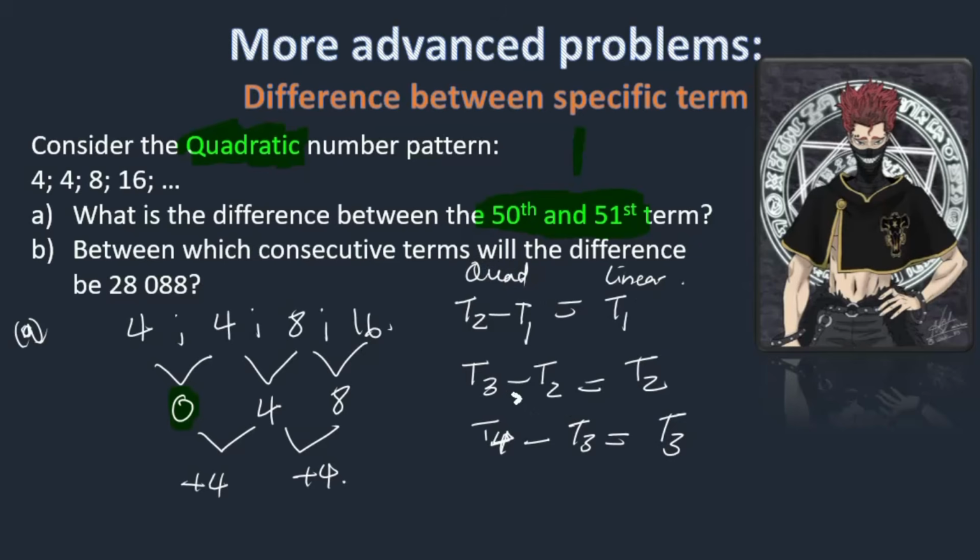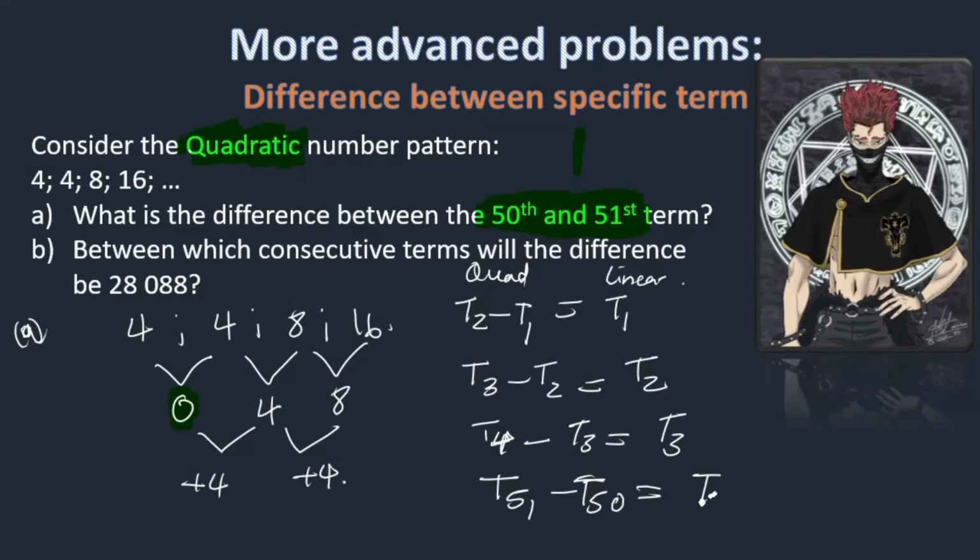All right. So now, what do they want? They want me to find the value of T51 minus T50 in quadratic. What should this give me?